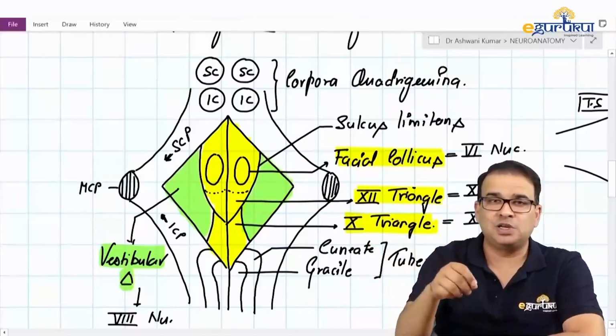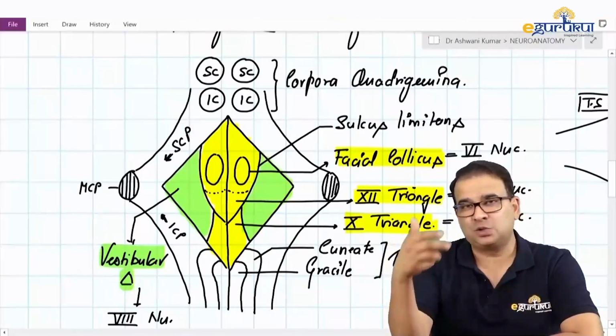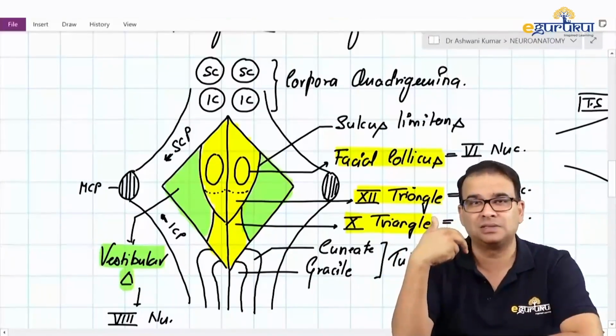Lower motor neuron of the facial nerve will be involved, and we know that a lower motor neuron lesion of the facial nerve leads to ipsilateral facial paralysis.